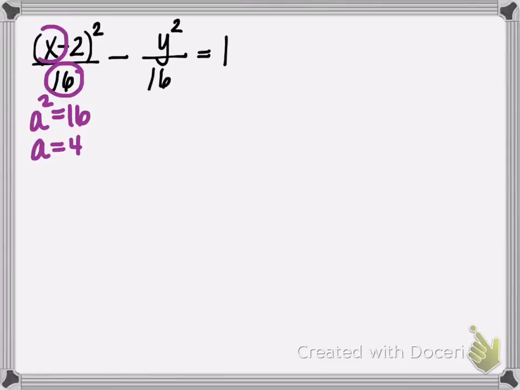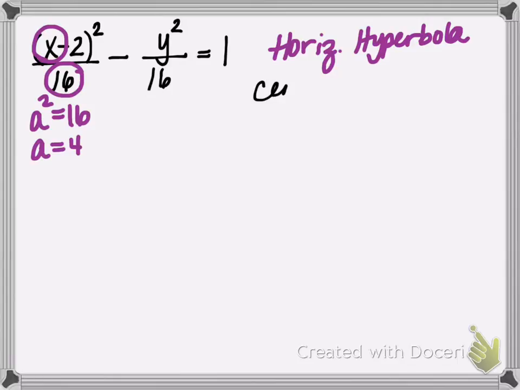And because x is first, that tells us that we have a horizontal hyperbola. In other words, it's going to have a horizontal transverse axis. And before we get into graphing it, we need to know where the center is. So you'll notice that we have an x minus 2 as in my first quantity.